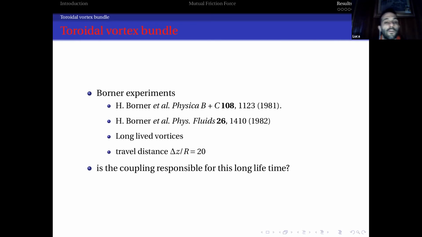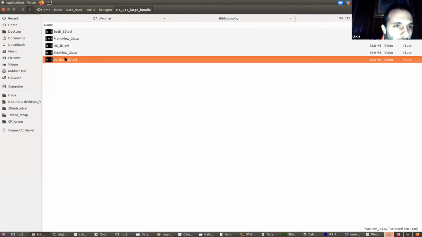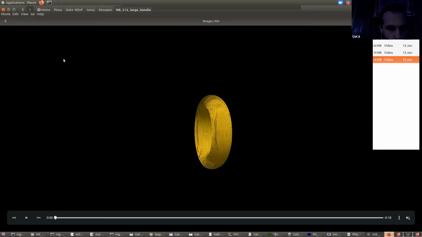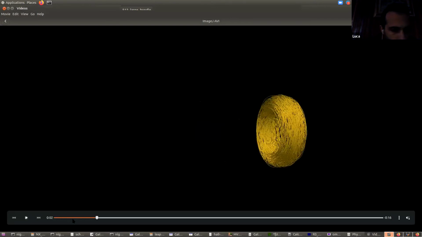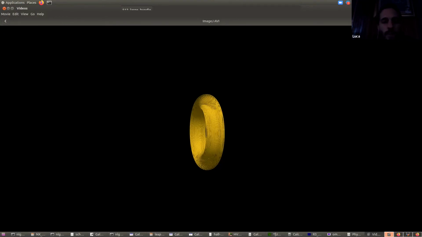So the question is whether this coupling is responsible for this long lifetime. We performed some simulations, which I'm going to show here. At the beginning we have this toroidal vortex bundle, which in this case is constituted by 137 rings, and it is surrounded by a normal fluid ring where the vorticity has a Gaussian profile.